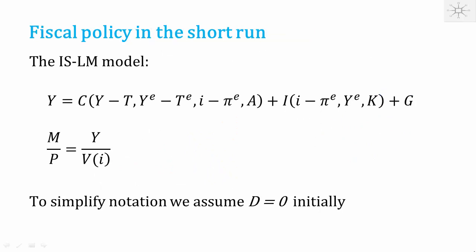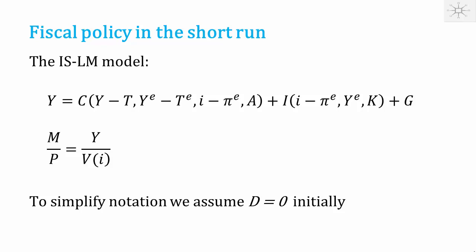Now we come to the question of whether fiscal policy can be used to stabilize production and employment in the short run. To analyze that, we use the ISLM model, but now we have added a government. If you look at the IS equation, you see that it means two things.